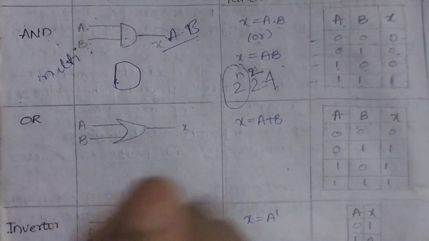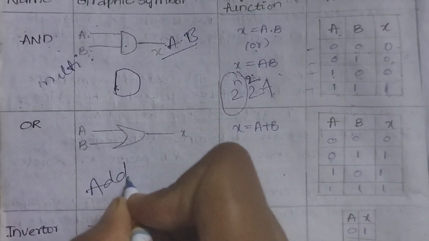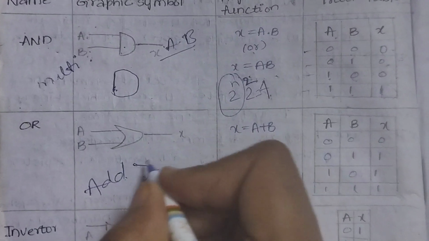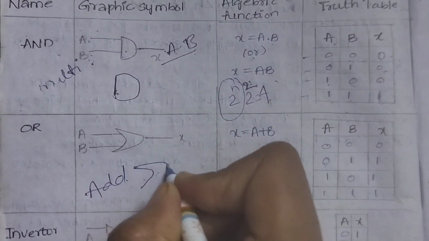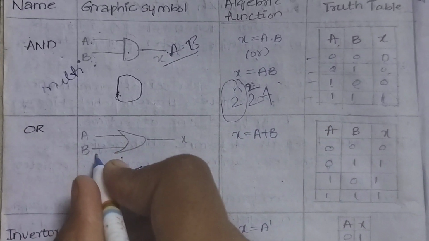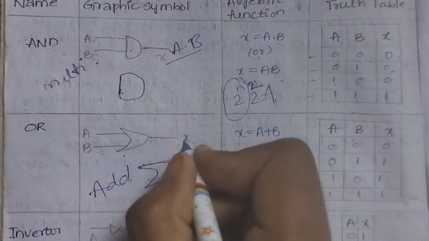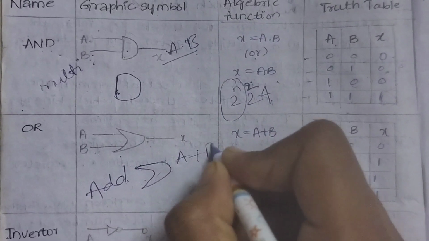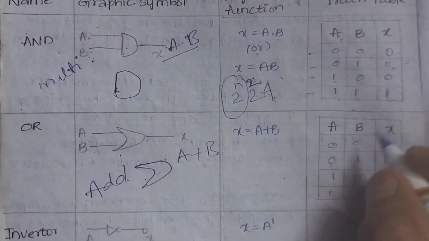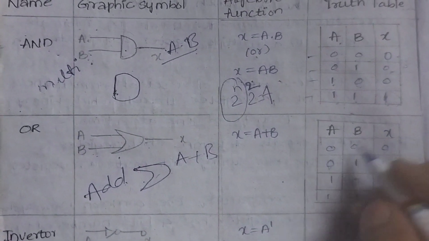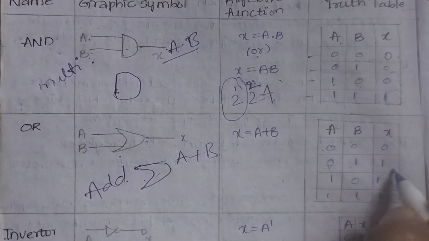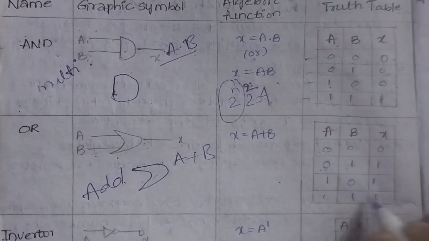This is the OR representation. It is used for addition. The symbol has a reverse arrow mark, a curve shape. When we give any two inputs A and B, we will get one output by adding these two, A plus B. It is similar to the AND gate, but the difference is in the output. The inputs are the same for all gates. 0 plus 0 is 0, 0 plus 1 is 1, 1 plus 0 is 1, 1 plus 1 is 1.